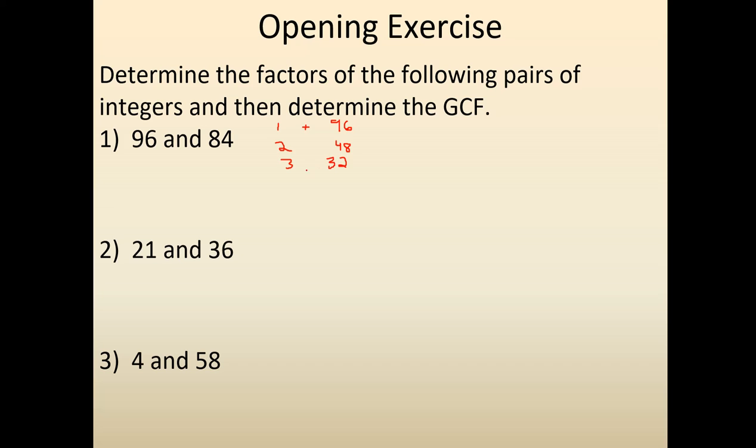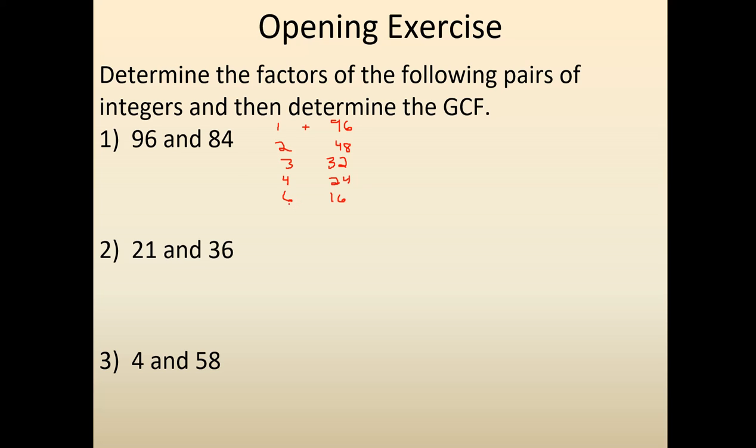96 divided by 4. We could just keep going through all the numbers. Divided by 5 doesn't get you anything. So 96 divided by 6. 96 divided by 7 is nothing.